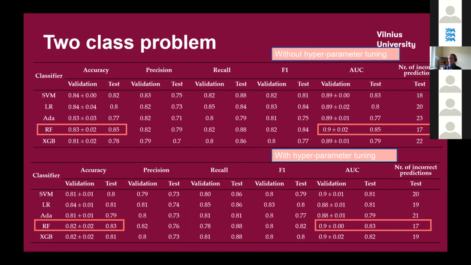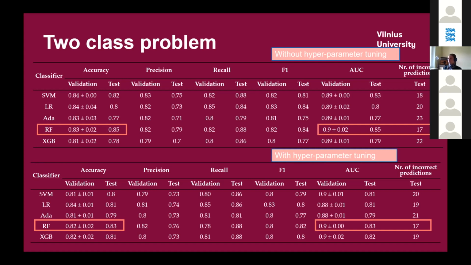If you look at the accuracy data, you can see that there are no huge differences, but random forest actually provided the best accuracy when we applied it on the test set.